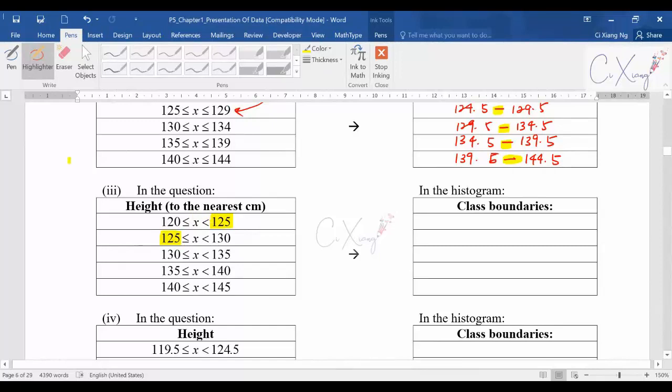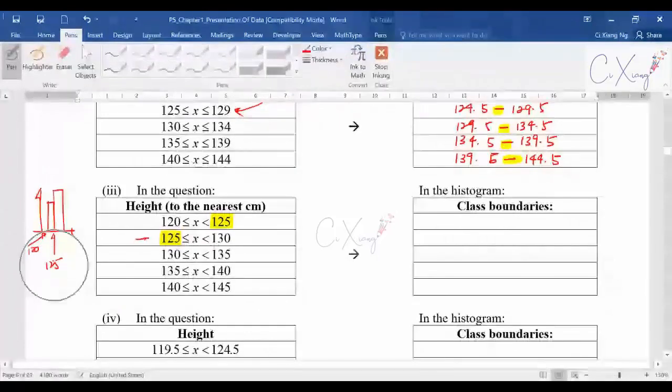So when they are the same, it means that when you want to draw the graph using the classes given here, the first bar is 120 to 125, and the second bar is 125 to 130. So you can straight away draw the second bar, where the value here is 125 and this one is 130. Do you have any gap between the bars or not?